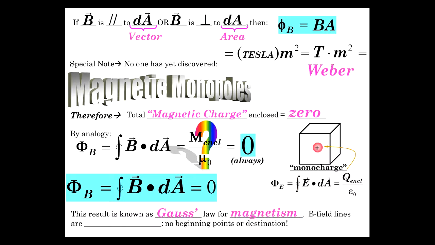This is Gauss's law for magnetism. And because it's 0, of course, that makes this whole result very simple, doesn't it? The B field lines are continuous. There's no beginning, no destination, no end, and therefore any magnetic field coming out of a surface ultimately goes back into the surface to continue or complete the closed magnetic loop.